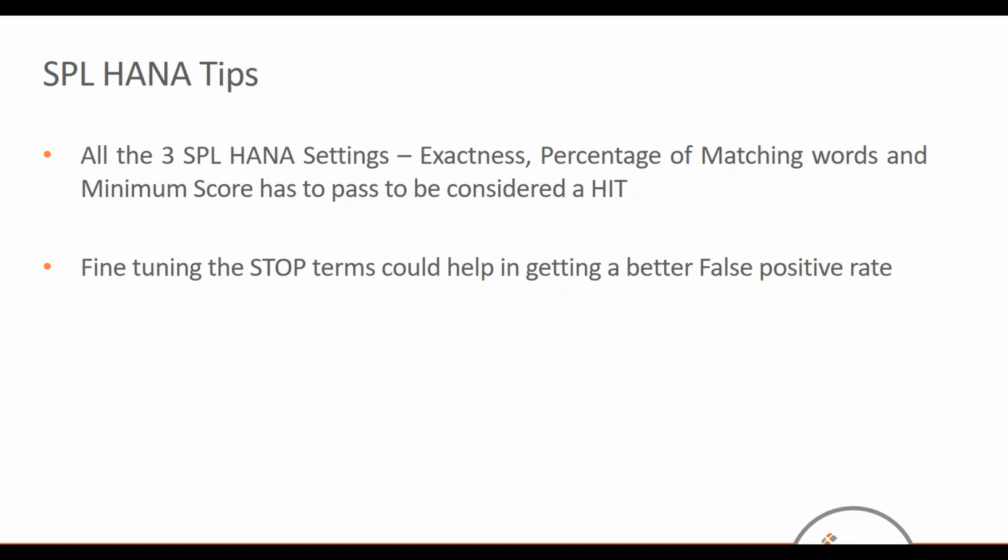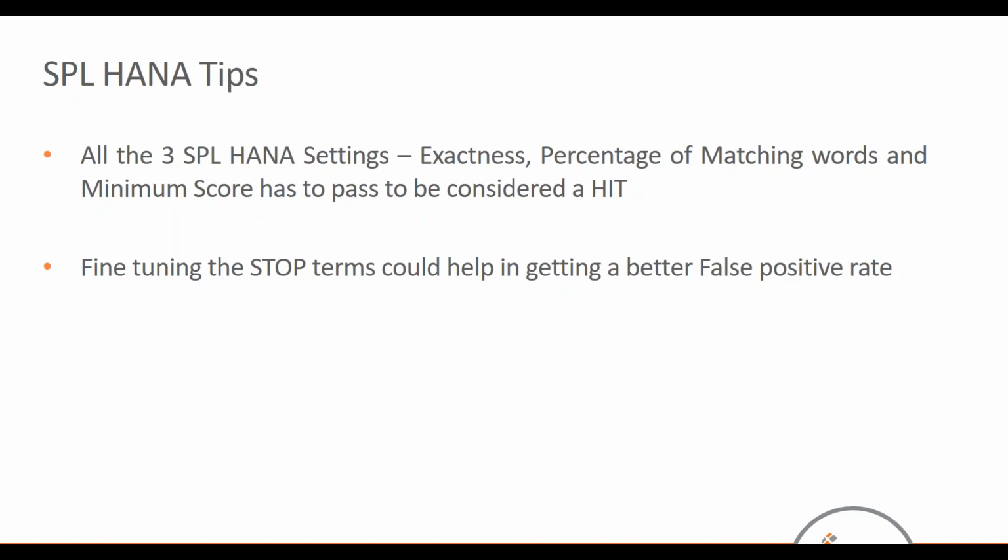And the other thing, which we discussed already, is the stop terms, or in known terminology, the exclude text. You need to use stop terms with caution. If you overdo stop terms, it negatively impacts your false positive rate, and if you use very few stop terms, that also impacts you in a negative fashion.